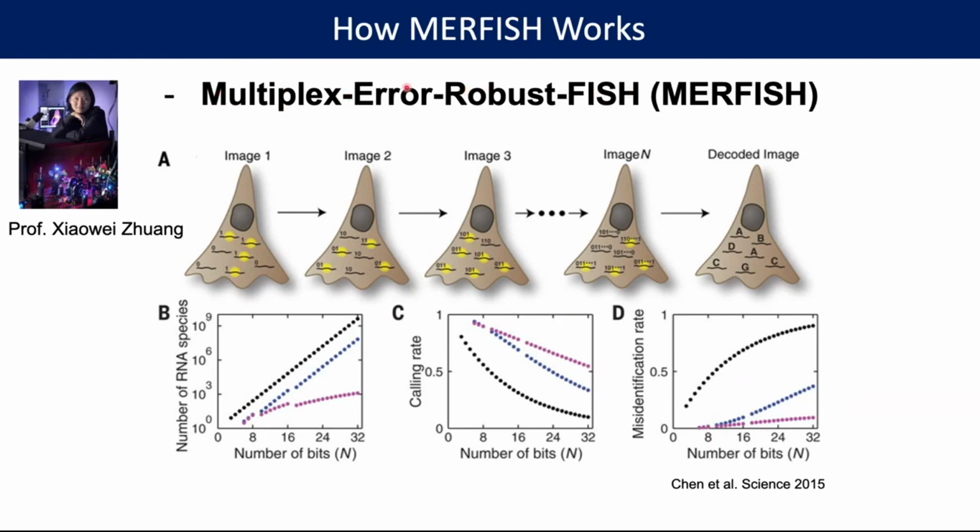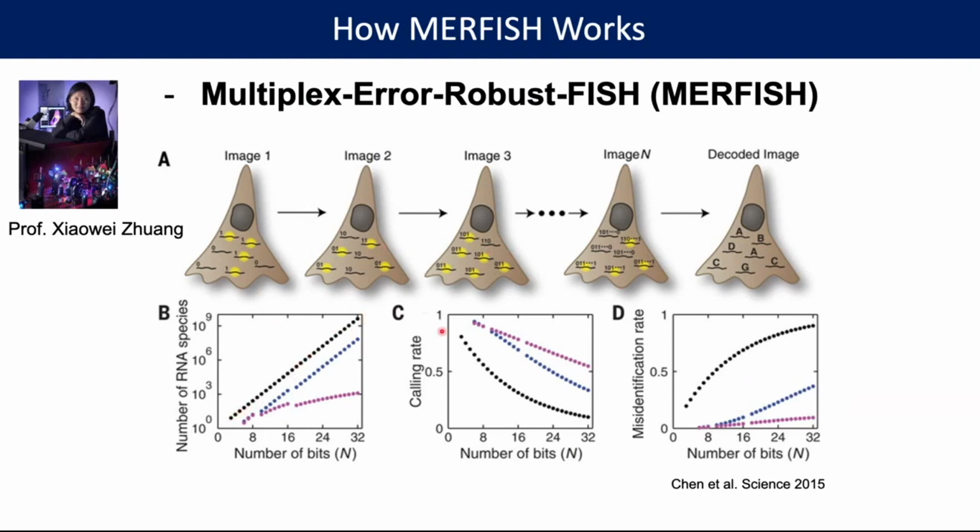And this multiplexing and error robustness, these are two features which are really unique to MERFISH in this combination. So there are lots of multiplexing FISH technologies out there. However, if you look down here in panels B, C, and D, you can see the black lines. These are theoretical considerations when you barcode and encode a codebook into the transcripts that you want to detect and really scale this up.